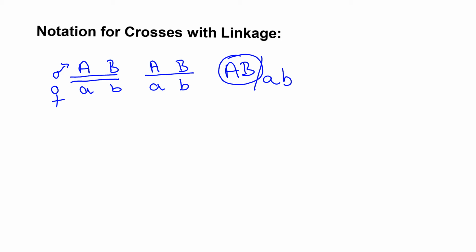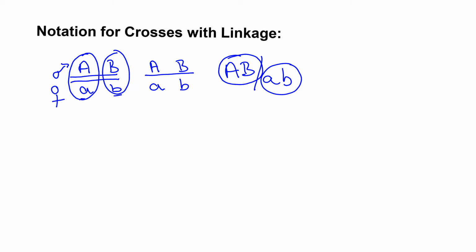One important thing I want you to note, each gene has its own locus or is localized on the same place on the chromosome. So this is the locus for gene A and this is the locus for gene B. So you have to always annotate them together.